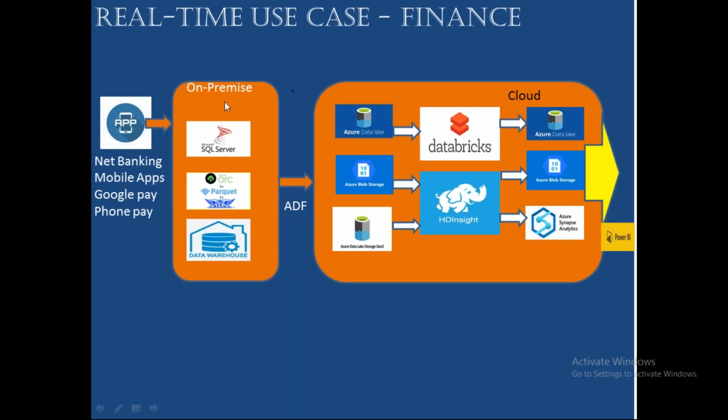Do you think we have not covered anything? You know how to bring data from on-premise to cloud. Once you get data into the cloud, you process this data by using data flows, Databricks, Azure HDInsight, data lake analytics, anything you can use. We are also going to talk about machine learning in our next sessions. Once we transform this data, we will load it into another storage or Azure Synapse.